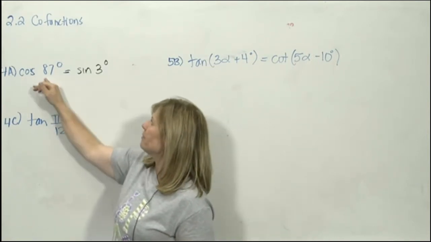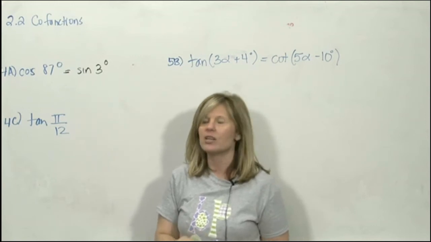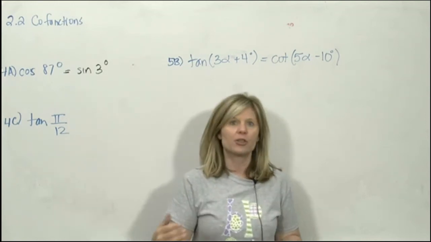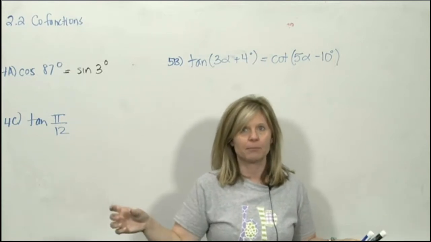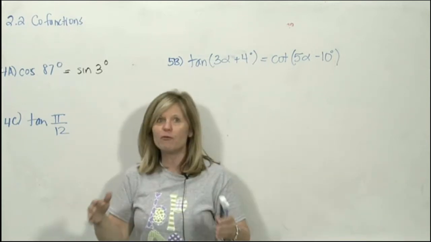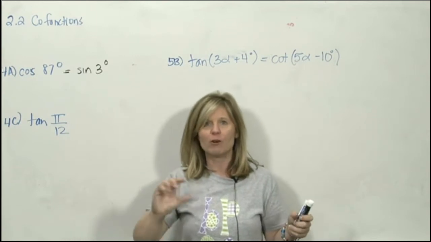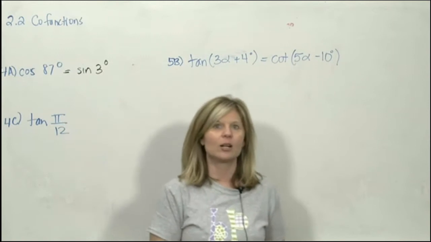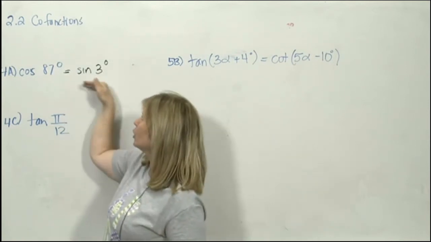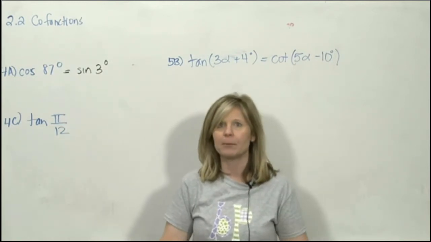But when we look up the value of cosine of 87 degrees and the value of sine of 3 degrees, those two fraction values are going to be the same. So cofunctions: that's why they're cofunctions. They have the word co in them. Their angles are complementary, they add to 90 degrees. When we look up their values, they will be the same.